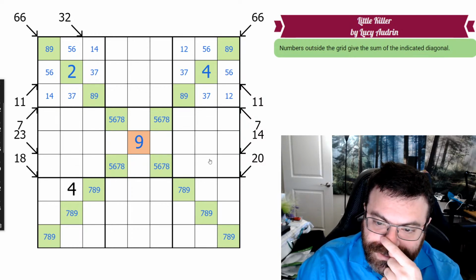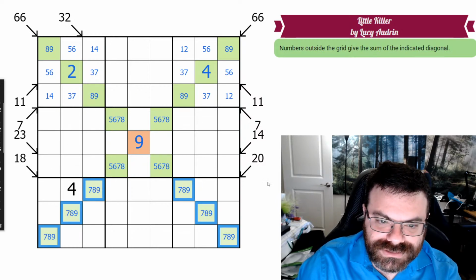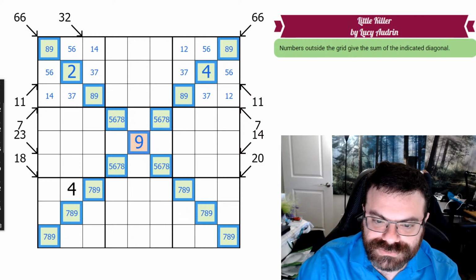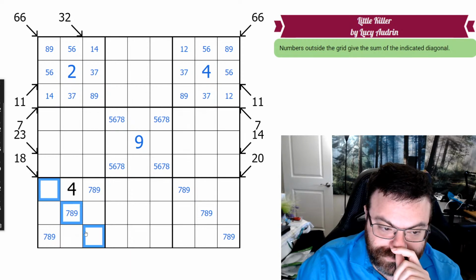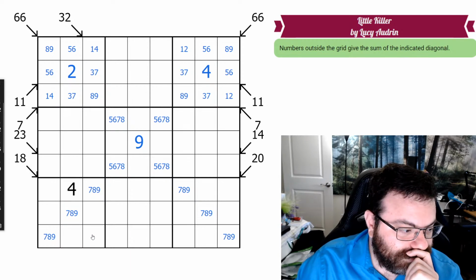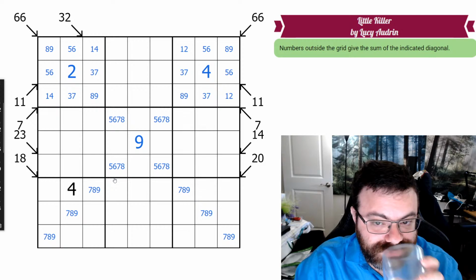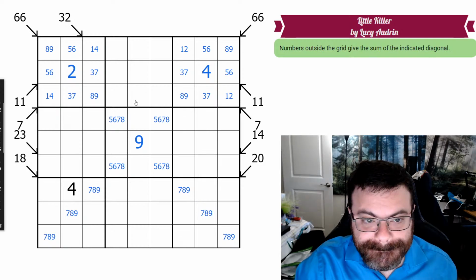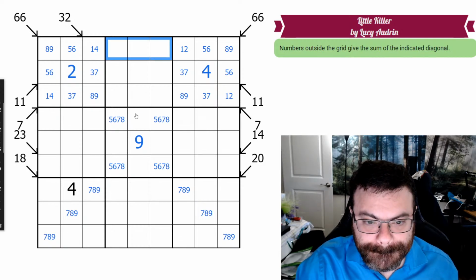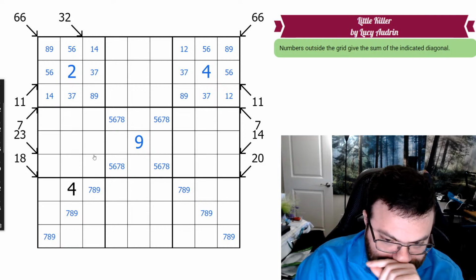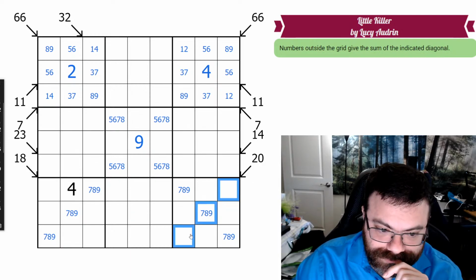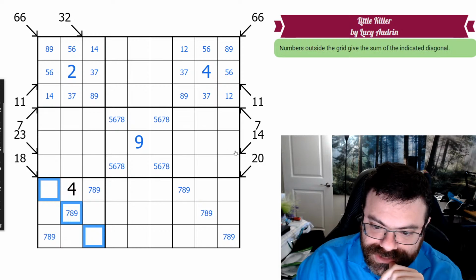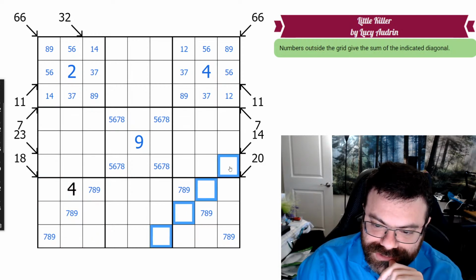So let's look at, I guess I don't need these colorings anymore. Okay, there's got to be, these have got a 20, we've got an 18, this 14?